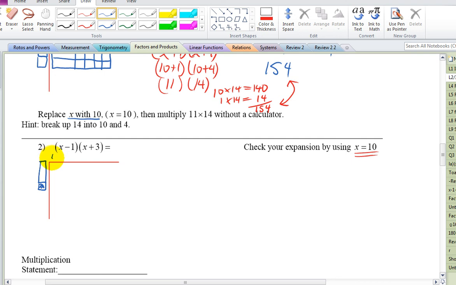Now you got to watch out for shading. Okay, so after you've drawn the shape, you want to shade in this negative 1 multiplication. So what's your final answer?